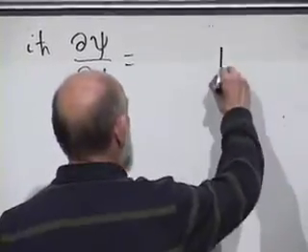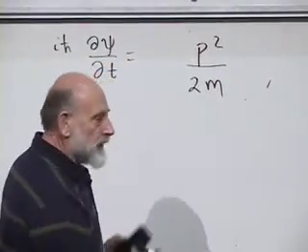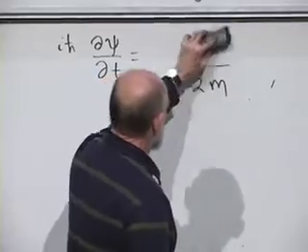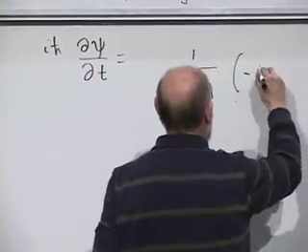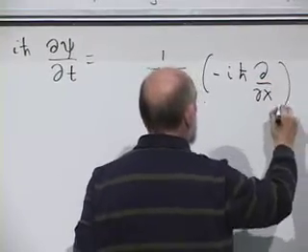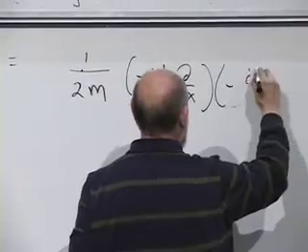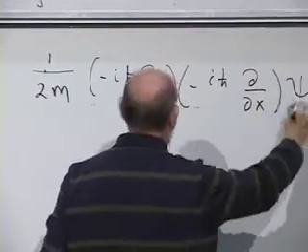H is p squared over 2m. And each factor of p is minus i h bar d by dx. We have two of them. There's another minus i h bar d by dx times psi.